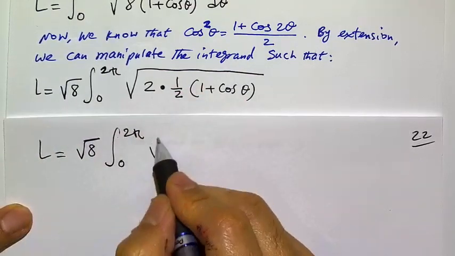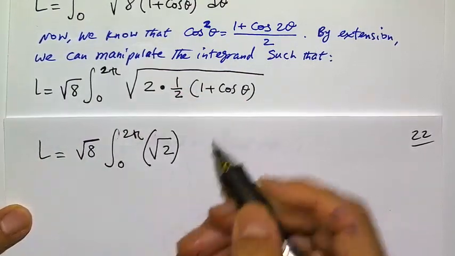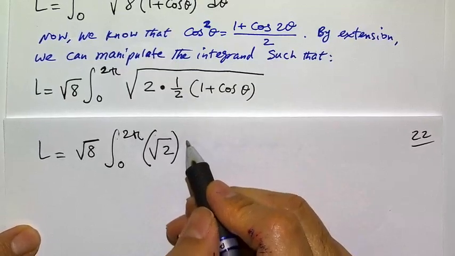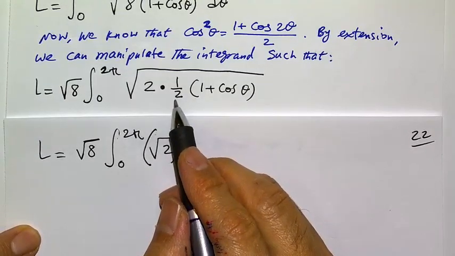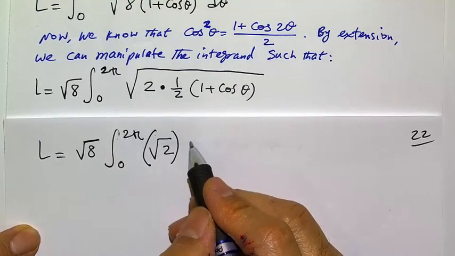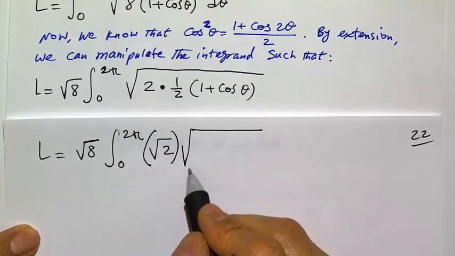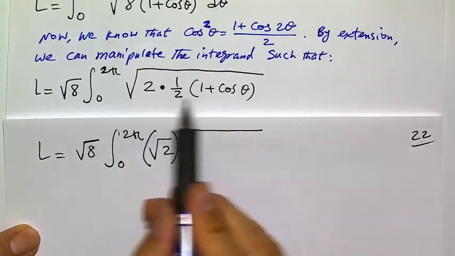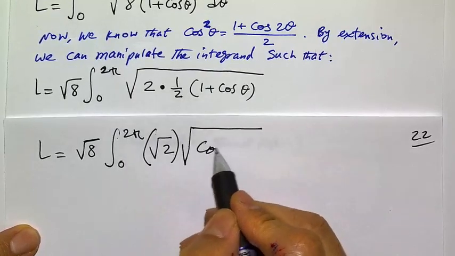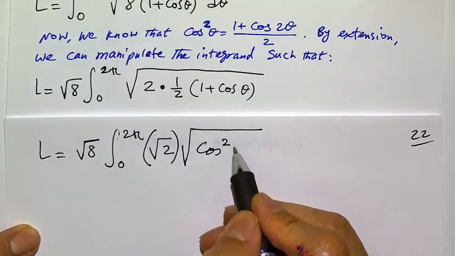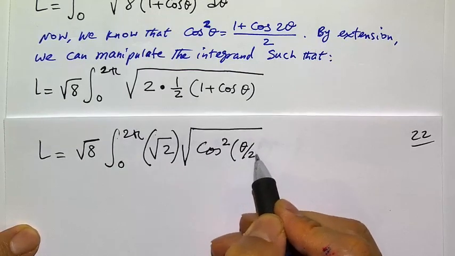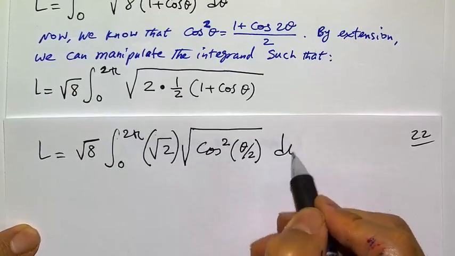We have a square root of 2 here, then we have the square root of the rest of this, times the square root of, instead of that, cosine squared theta over 2, d theta.